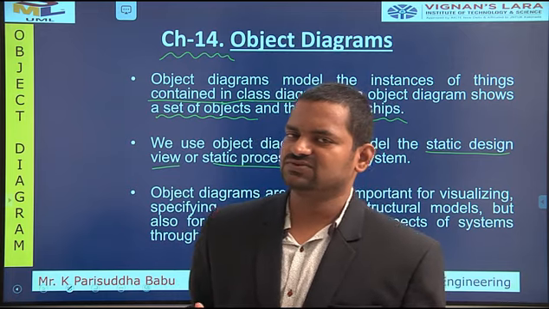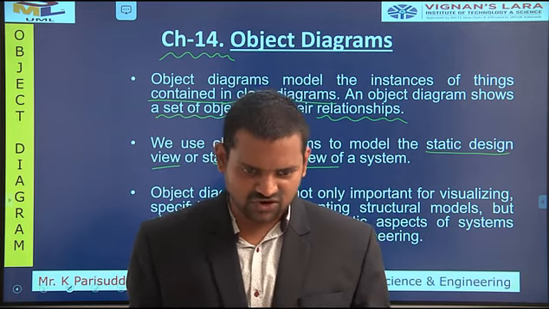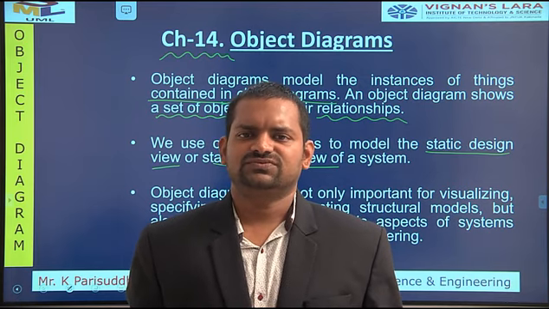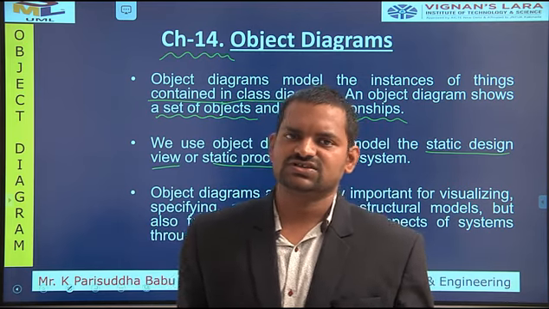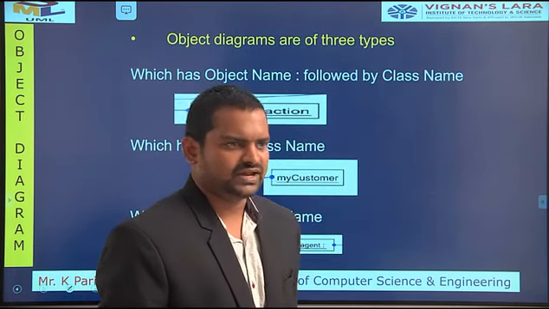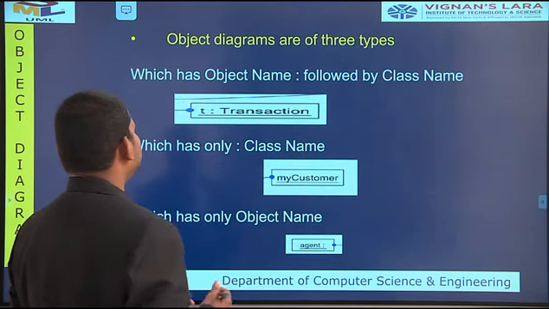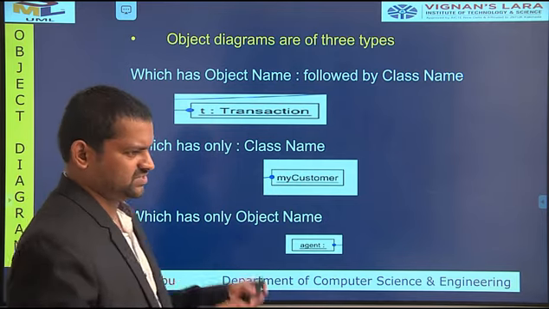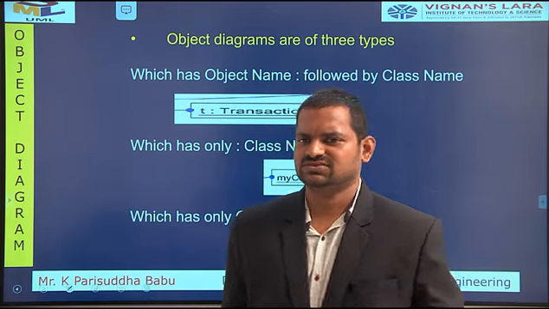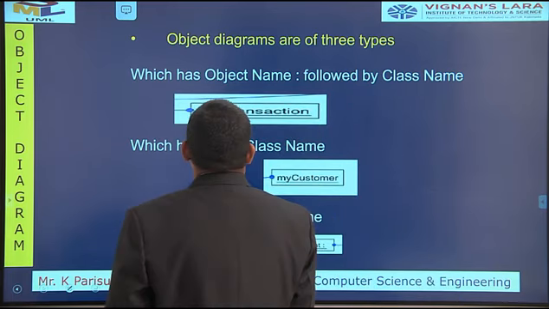Okay. Next, object diagrams are of three types.